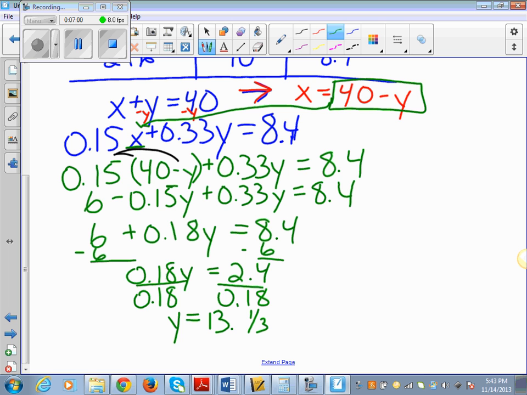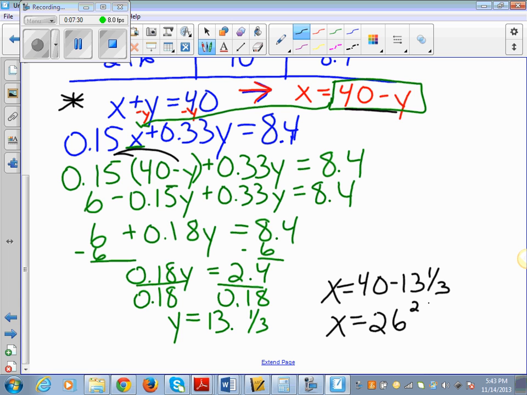So if we go back to our earlier equation up here, we knew that x plus y is 40, so we can figure out x by doing 40 minus y, now that we know what y is. So our x is equal to 40 minus 13 1/3, which is 26 2/3. So that is the answer to number 2.